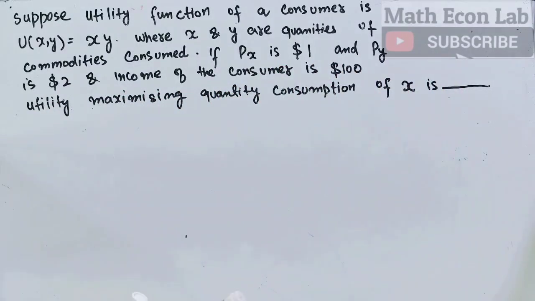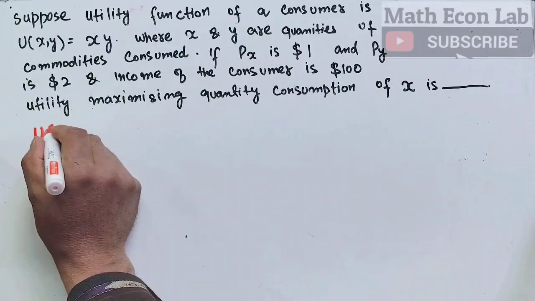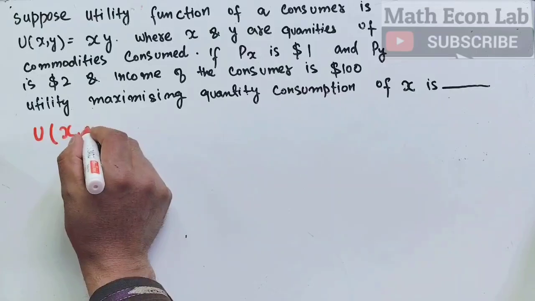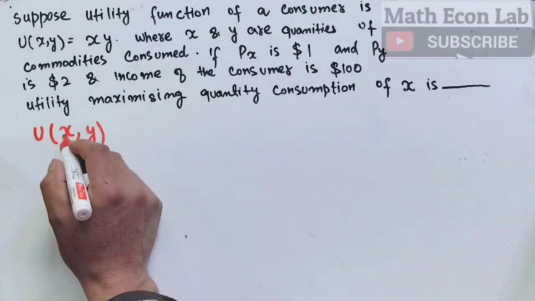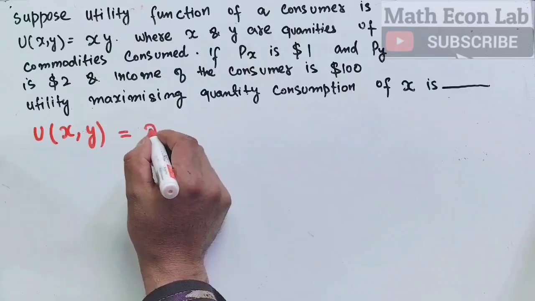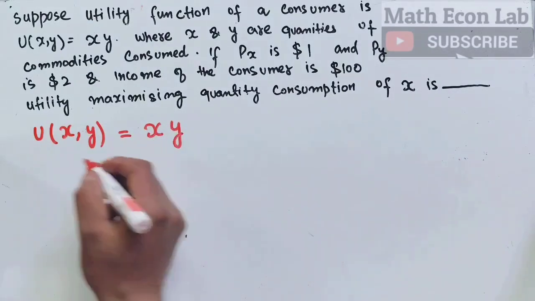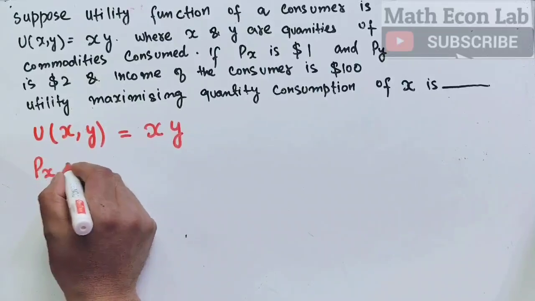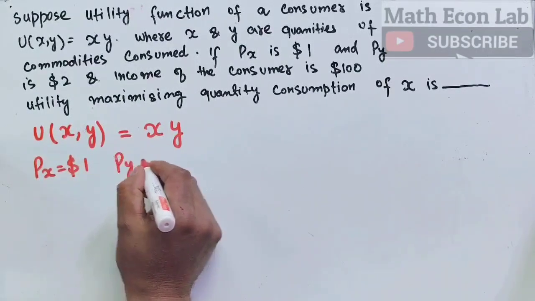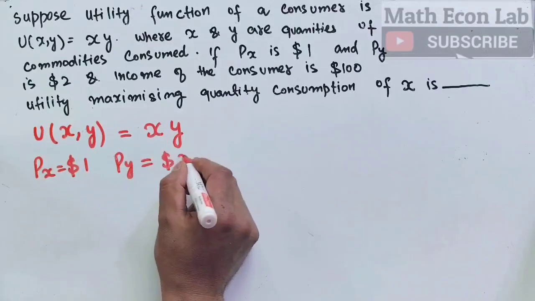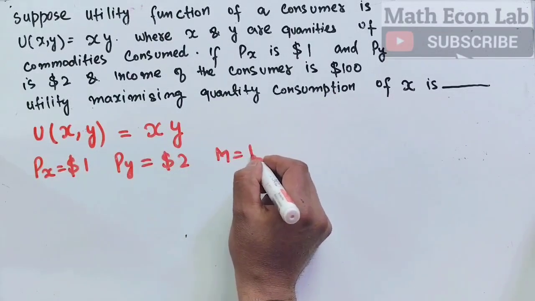So what we are being given here is the utility function, that is utility is a function of two goods x and y, which is x times y. The price of good x is $1, the price of good y is $2, and the income of the consumer is $100.